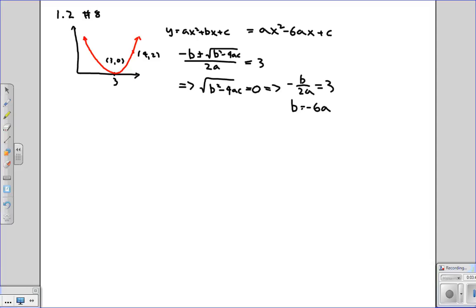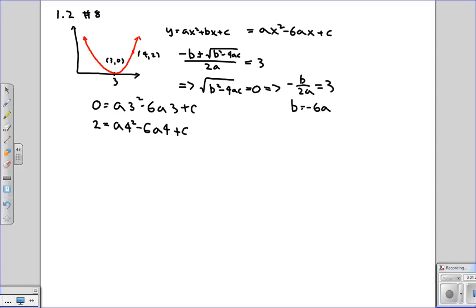So the first thing is the following. (3, 0) means that 0 is equal to a times 3 squared minus 6a times 3 plus c. (4, 2) means that 2 is equal to a times 4 squared minus 6a times 4 plus c.